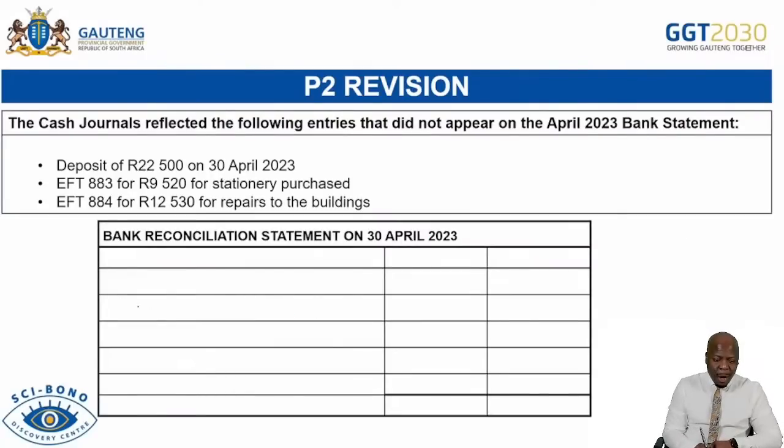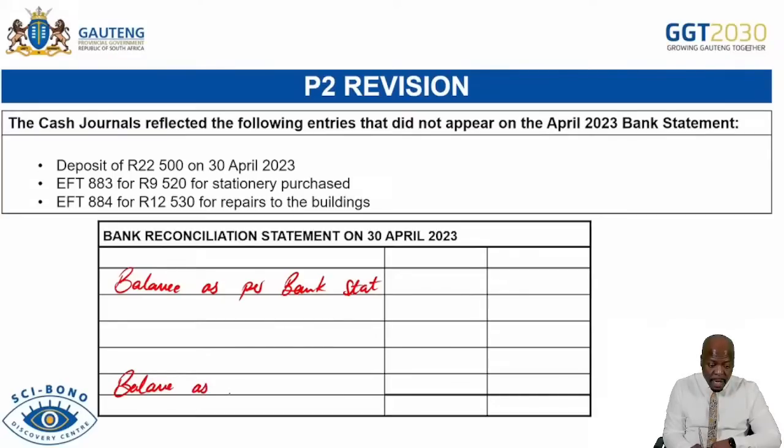And then you now have more transactions. So remember, when we started, we said we're going to stick to one formula whereby we start our BRS with balance as per bank statement, and we agreed that we're going to end it off with balance as per bank account.